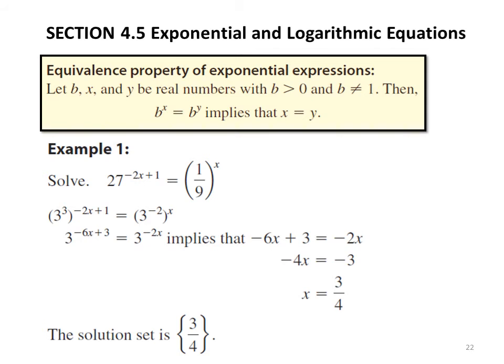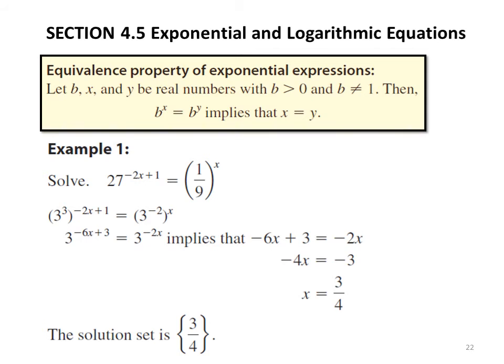If I start by writing 27 as 3 to the power 3 raised to the power minus 2x plus 1, the left hand side is just 1 divided by 3 squared, or 3 to the power minus 2.